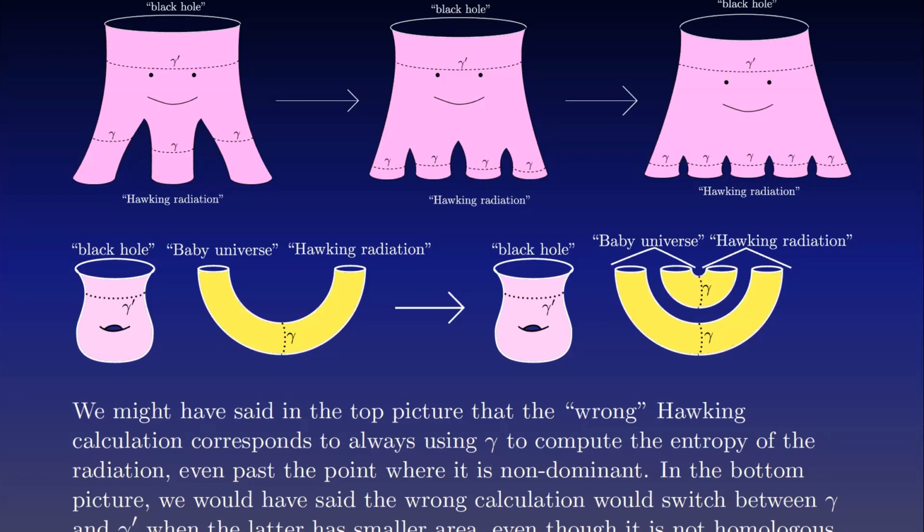And so in this model, we could say an analogous calculation to Hawking's calculation, at least a calculation that gives the same answer, is the one that always picks gamma instead of having a switch over eventually to gamma prime. So if we understand better how that maps to Hawking's actual calculation, which is to say the calculation that actually computes minus trace rho log rho, then we would be in better shape to understand the difference between how our calculation would map to something like minus trace rho log rho. Does that sort of answer your question?